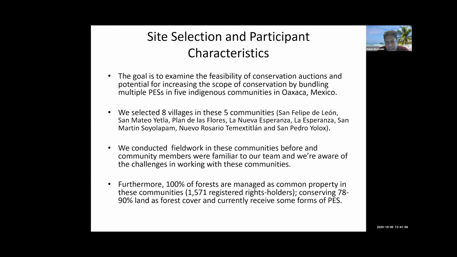So we picked 8 villages in 5 different communities in Oaxaca, Mexico. The reason is we are familiar with these communities in terms of our connections, and we have group members who worked on those communities before, and so on. In these places, forests are managed as common property.